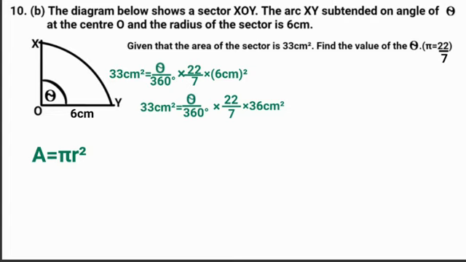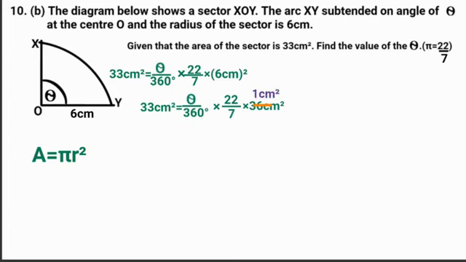Now, as you can see, 36 centimeter squared and 360 degrees have a common factor. The highest common factor of these two numbers is 36 itself. So I'm going to divide 36 centimeter squared by 36, which gives me 1 centimeter squared.